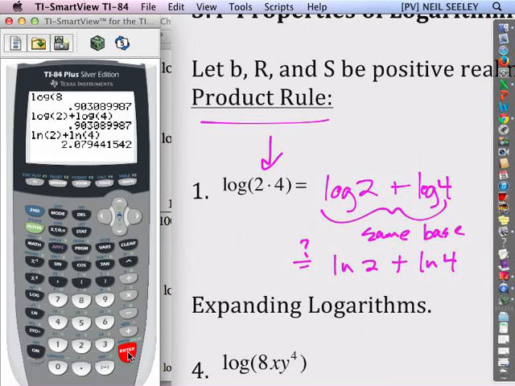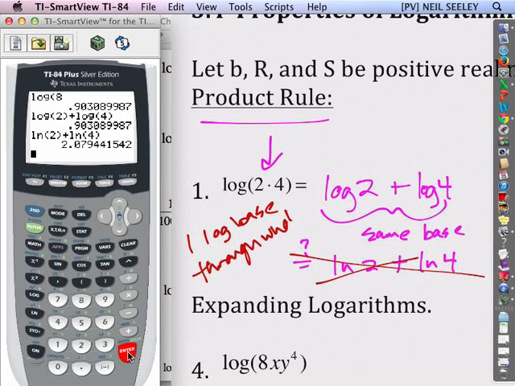That's the key. Can't do it. So annoying. But yeah, that's true. Got to stay consistent with your logs. One log base throughout a whole problem. That was fun checking out. You'll see why that's important later, because we'll interchange them.